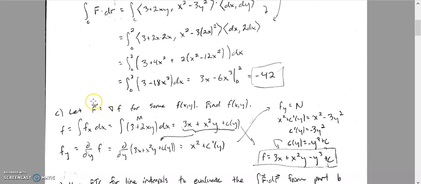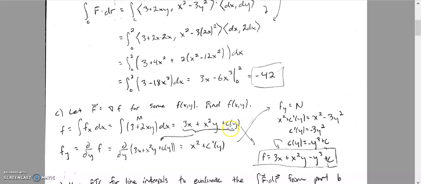So I have to integrate this with respect to x. F is the integral with respect to x of this thing, which gives me 3x, that's this piece. And then this, I integrate the x part, and I treat y as a constant. So that gives me x squared y plus some constant with respect to y. So it's all y terms, there's no x's.